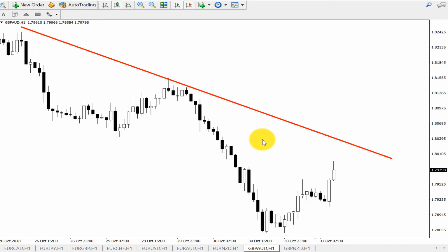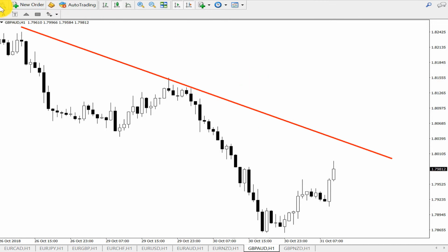So the whole day we will wait to find an opportunity to sell pound and buy Australian dollar, or sell pound and buy New Zealand dollar, as Australian and New Zealand dollar are strong against pound.